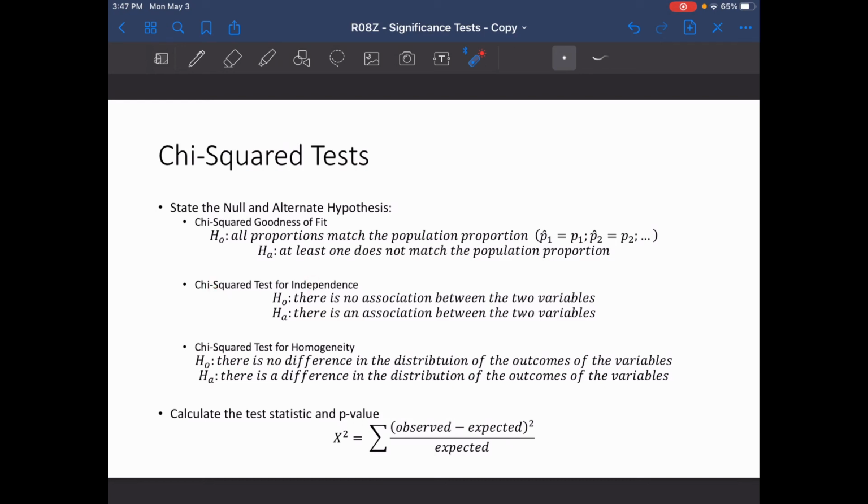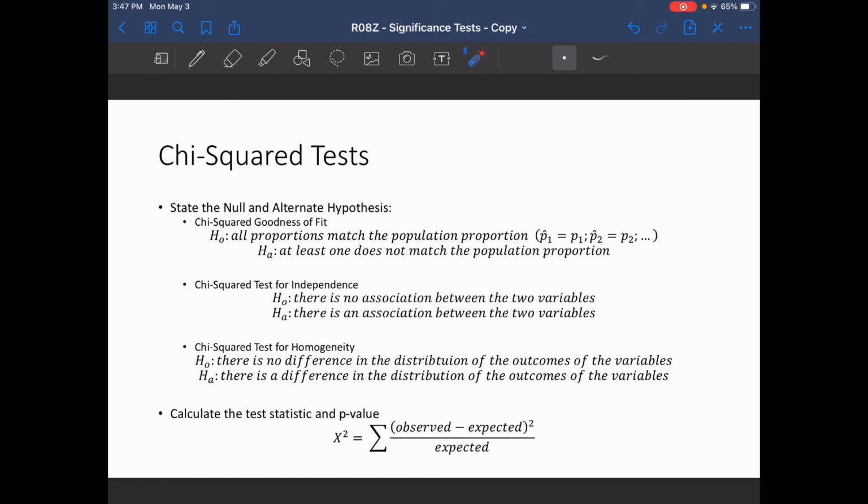Then when we're looking at chi-squared tests for independence, we would say that our null is that there is no association between the two variables, and our alternate is that there is an association between the two variables. Then our chi-squared test for homogeneity: the null is there is no difference in the distribution of the outcomes of the variables, whereas the alternate is that there is a difference in distribution of the outcomes of our variables.